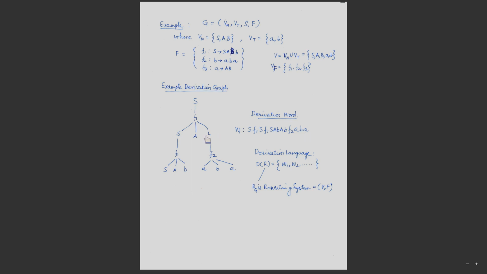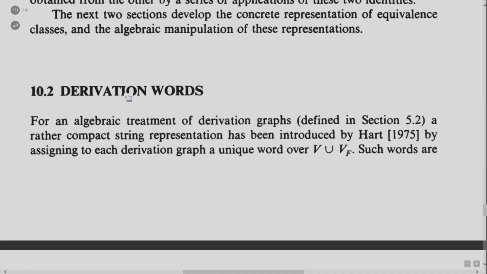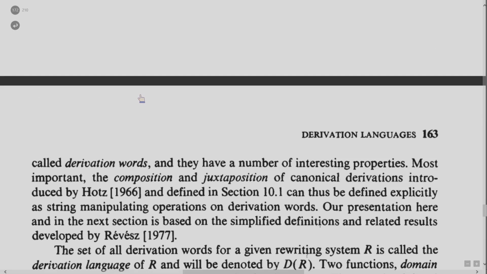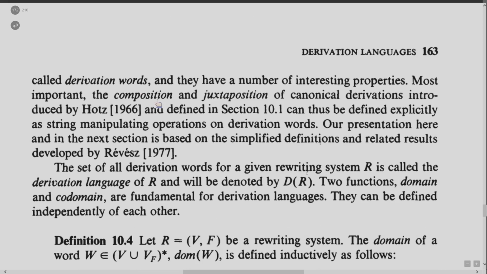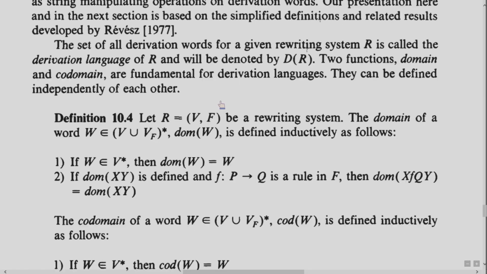So W1 is the derivation word. Actually, derivation word is a replacement for the derivation graph. Let's be back on the book. So derivation word, hope you understand it. And similarly, composition and juxtaposition are also applied on derivation words.